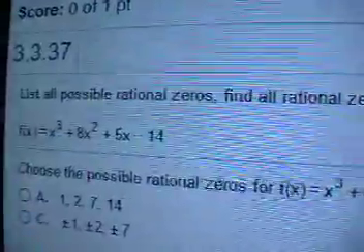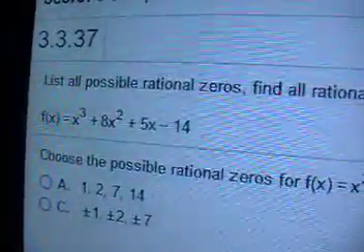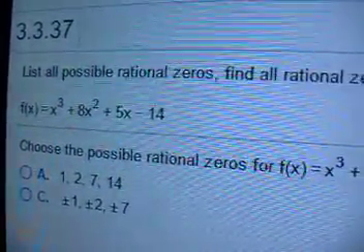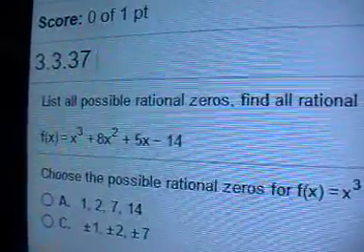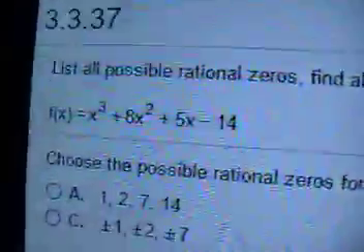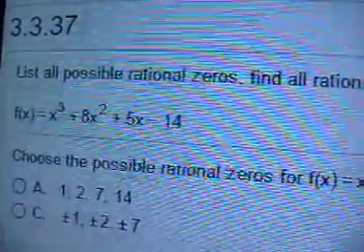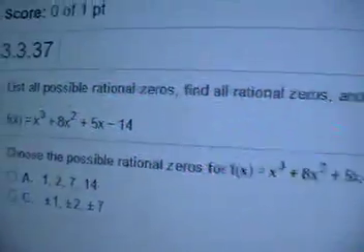Well, it's not just blindly guessing negative 6 and things like that. There's actually a couple of techniques you can put together that'll help you get to good things to guess. And one is this thing where it says list all possible rational zeros. So from the original function, x to the third plus 8x squared plus 5x minus 14.